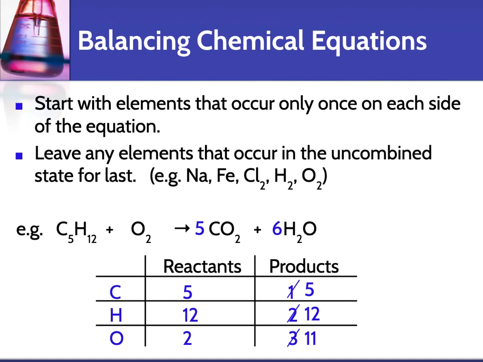We've got 5 CO2, that's 10, plus 6 H2O, that's another 6. So we have 16 oxygen. Now let's balance the oxygen. On the product side, we have 16. We need 16 on the reactant side. We can get that by putting an 8 in front of O2. That gives us 16 oxygen, and everything is balanced.